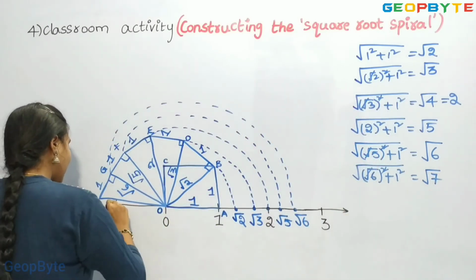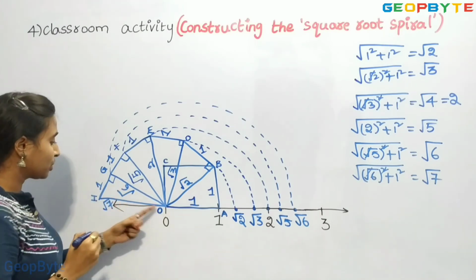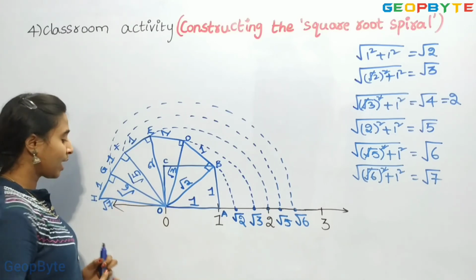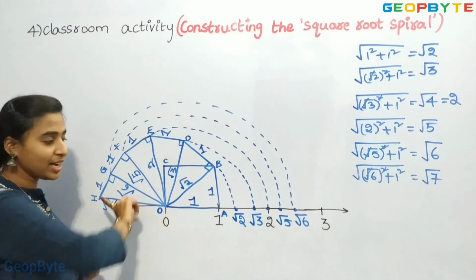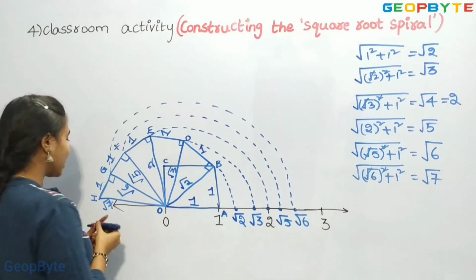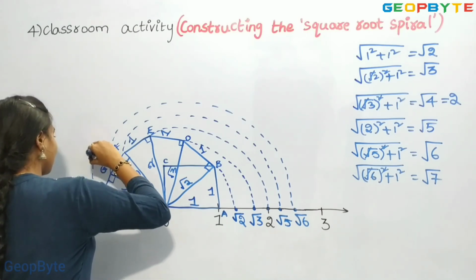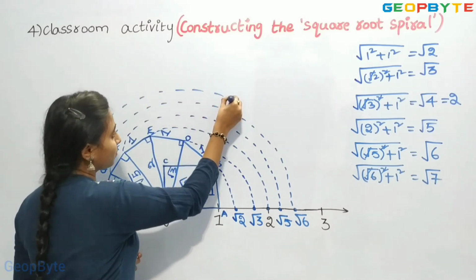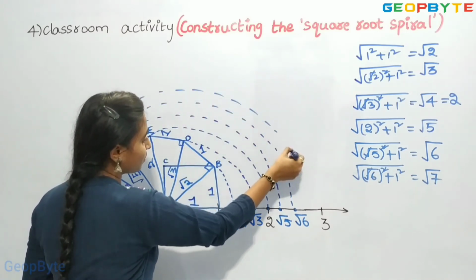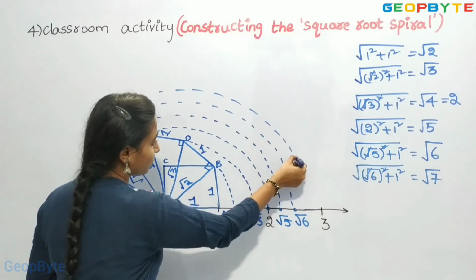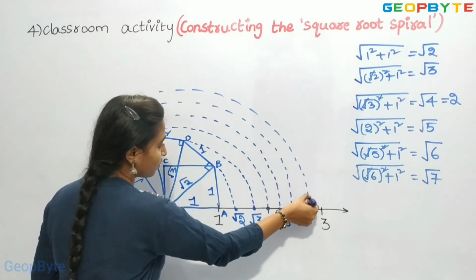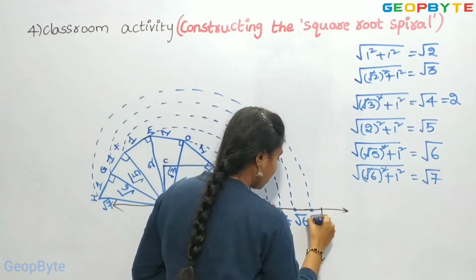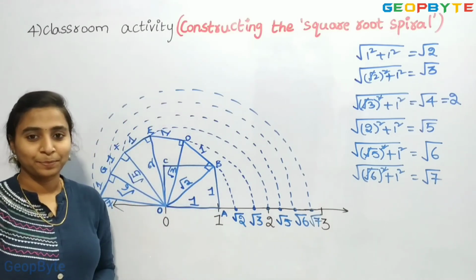Now let us write this as root 7. Now taking O as the center and OH as the radius, draw an arc. Yes. Let us locate root 7 on the number line.